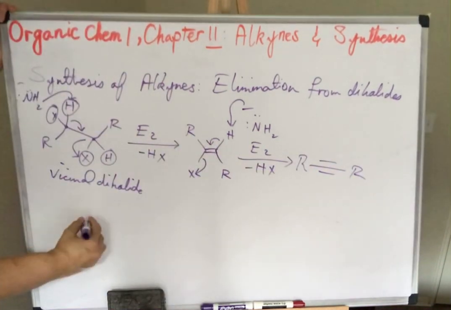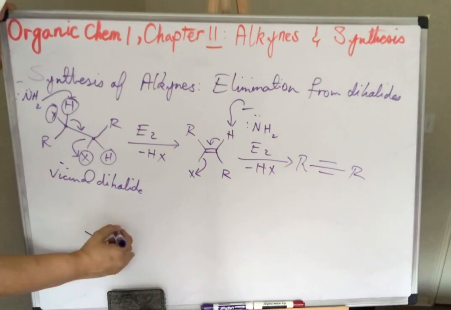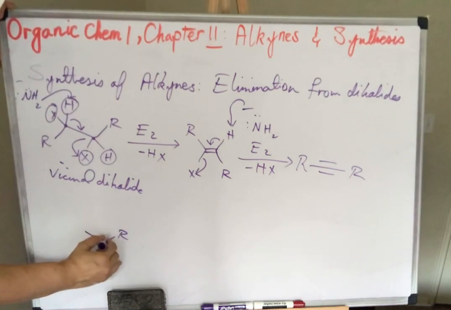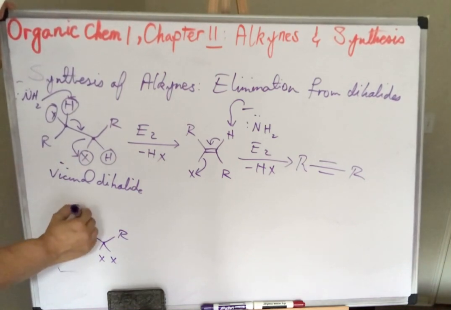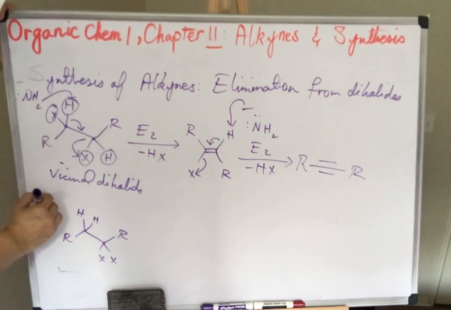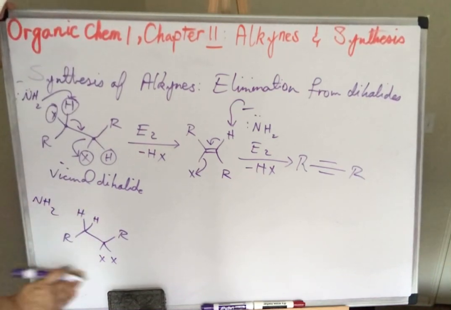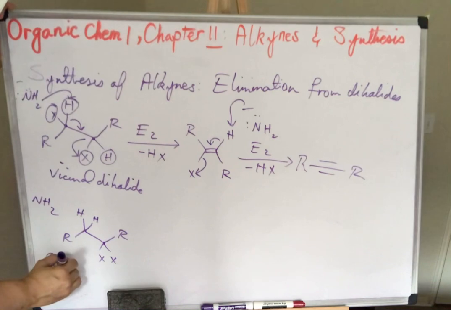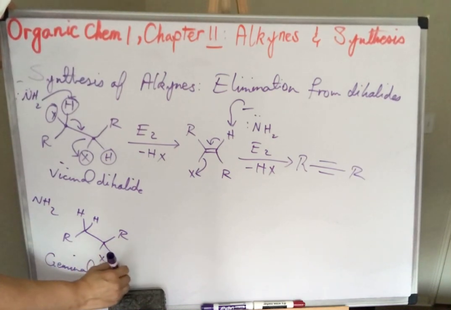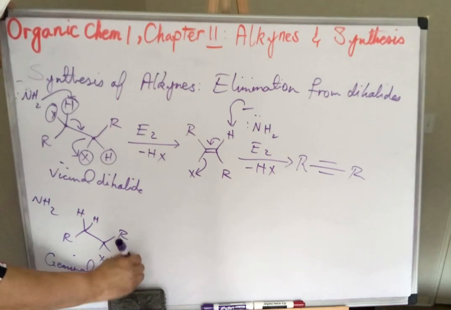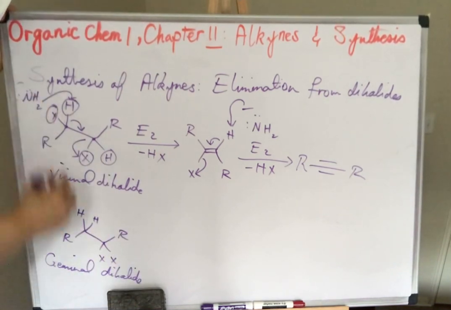And the same thing when your halogens are on the same carbon, and you also have an adjacent carbon with 2 hydrogens. So you call it a geminal dihalide this time. We said we must have a dihalide, so we can have 2 types of dihalides, a geminal and a vicinal.